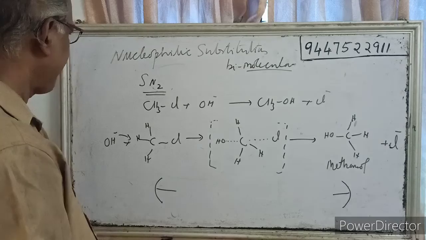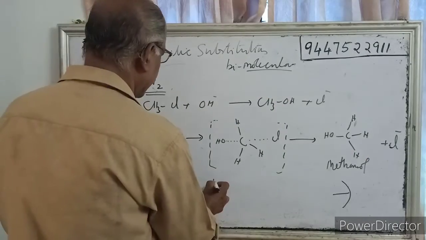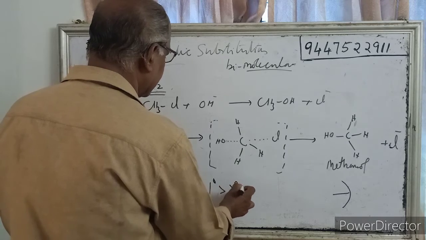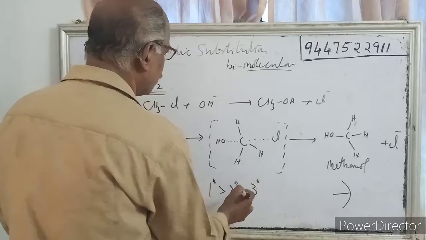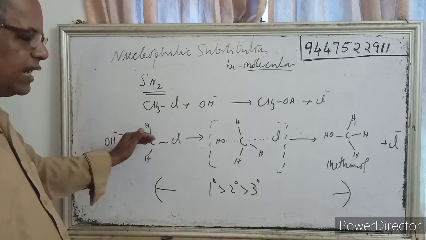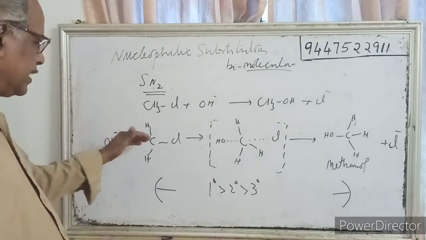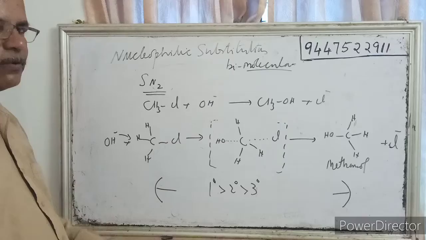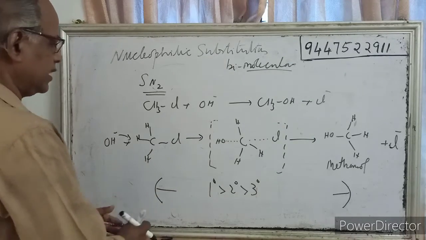The order of reactivity is primary greater than secondary greater than tertiary, because in the primary case the nucleophile can easily attack from behind, but in secondary and tertiary it is very difficult to attack from behind. So tertiary has the least reactivity and primary has the most reactivity for SN2 reactions.